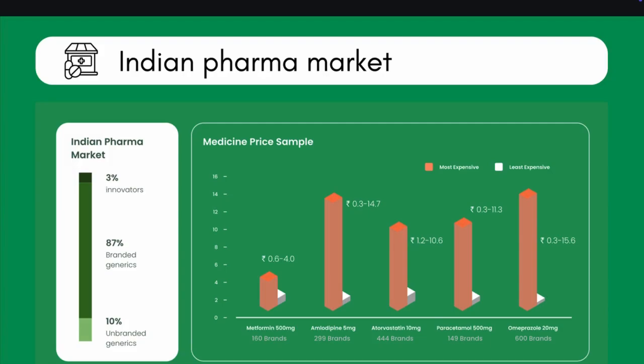Merck, Moderna, etc. And branded generics are basically from your Mankind, Cipla, Alembic, Ajanta, Intas, Emcure, Abbott, etc. And unbranded generics are basically drugs that are sold by the government through government routes. Let's say Jan Aushadhi Pharmacy or Pradhan Mantri Pharmacies, etc.